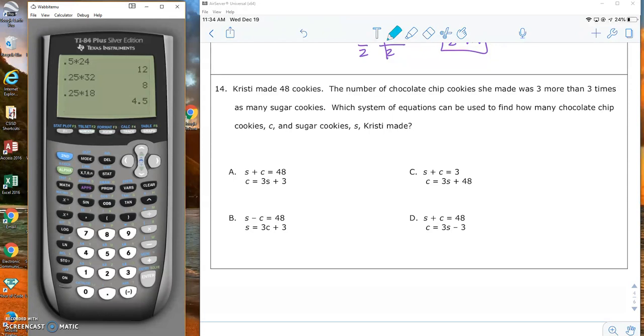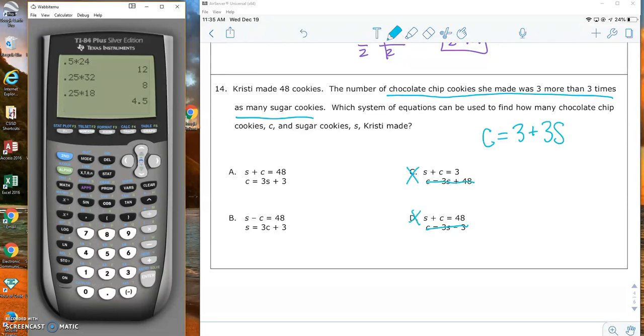14, Christy made 48 cookies. The number of chocolate chip cookies she made was 3 more than twice the sugar cookies. Which system can be used to find the chocolate chip cookies and sugar cookies that Christy made? So again, I'm going to see if there's anything I can knock out first. Chocolate chip equals 3 more than 2 times sugar. So 3 plus 2s is C. So this one does not have that.